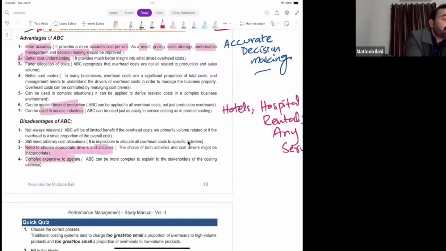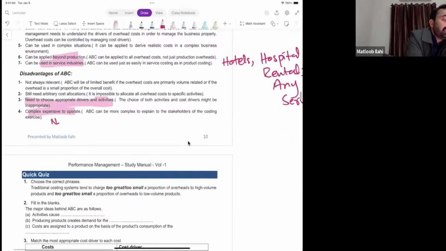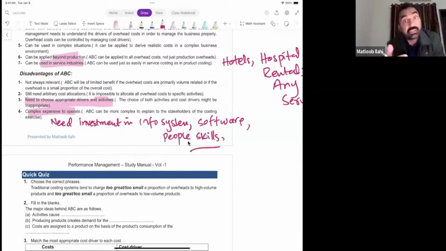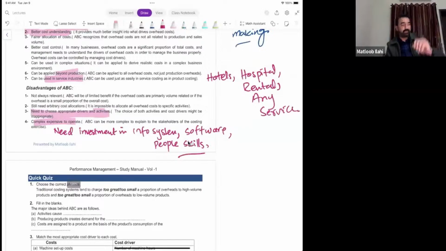You may need software, investment in information systems, and you need people with knowledge, expertise, skills to operate this. Okay, so this is all about ABC, activity-based costing.